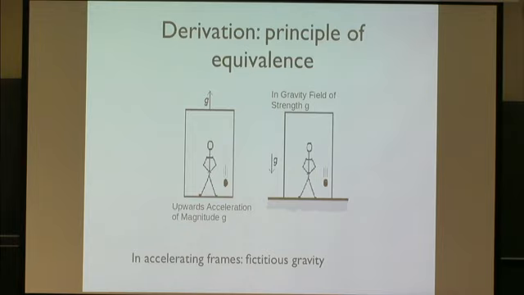I will sketch the symmetry that allows us to derive such relationships. We know that the origin of general relativity is the principle of equivalence, where an observer in an accelerating frame effectively feels a gravitational field. So we can treat gravity by going to an accelerating frame.